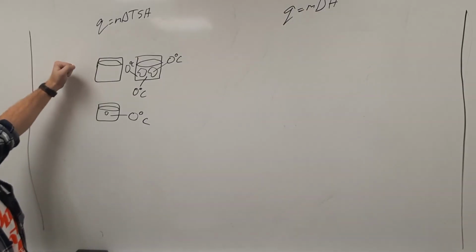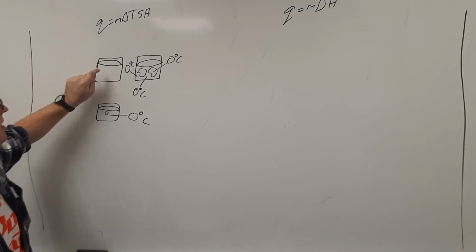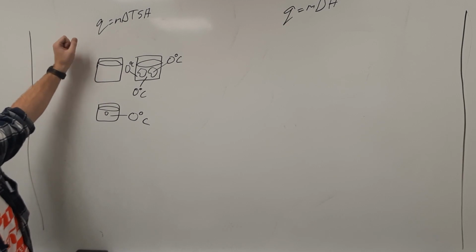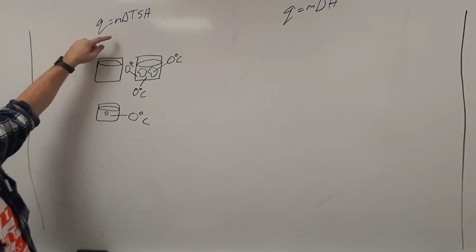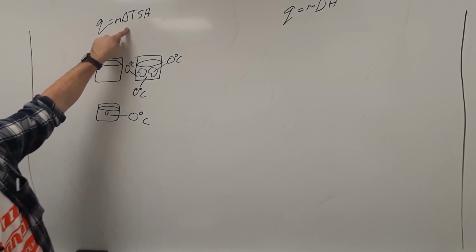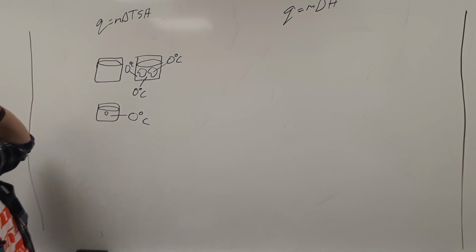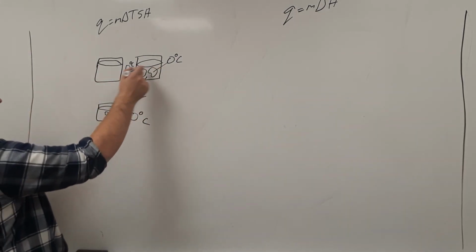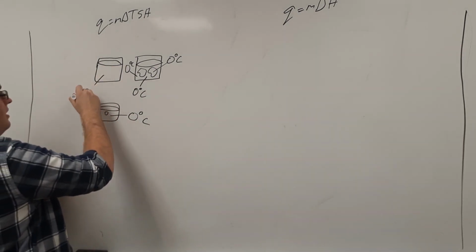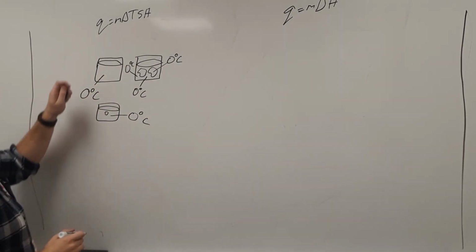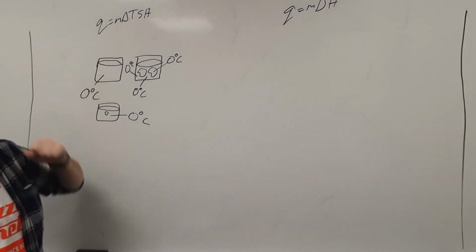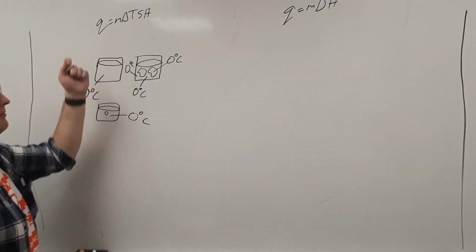Let's say I was trying to figure out the amount of heat it took to melt this glass of ice to be completely water. Then I'd say, well, our heat is equal to our mass times our change in temperature. But hang on, there's no change in temperature for this whole phase change. It's 0 degrees the whole time. So then that would tell us Q equals 0. And we know that we're adding heat to it, right? That doesn't make sense.